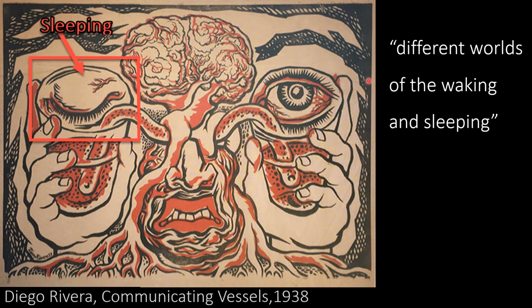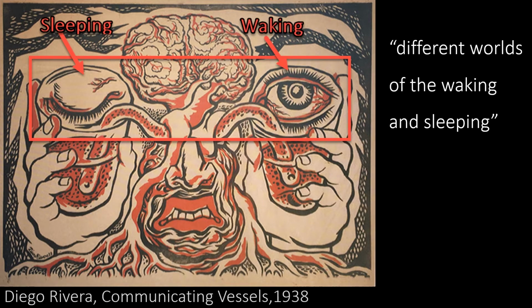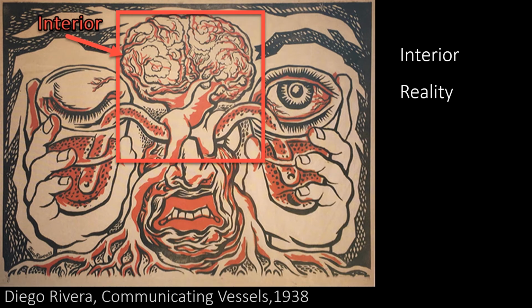In the print, one eye closed represents the world of sleeping, the unconscious mind or dream state. One eye open represents the different worlds of waking or consciousness. In the center of the print, we have the separated worlds of exterior reality and interior reality.